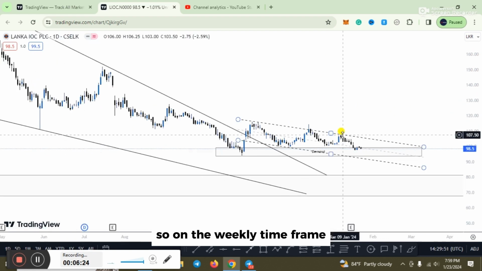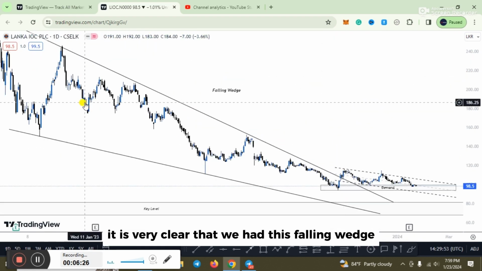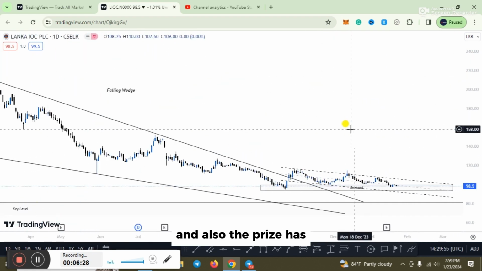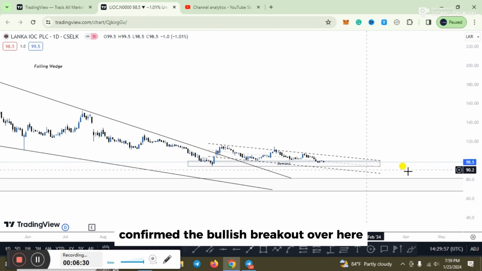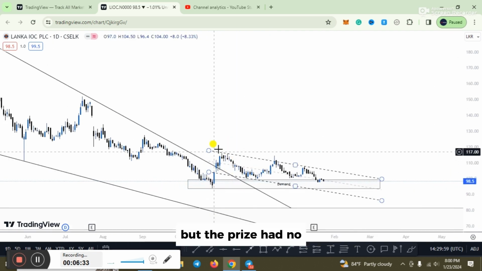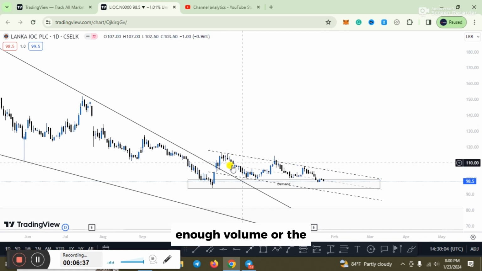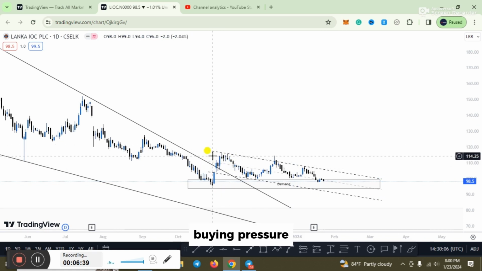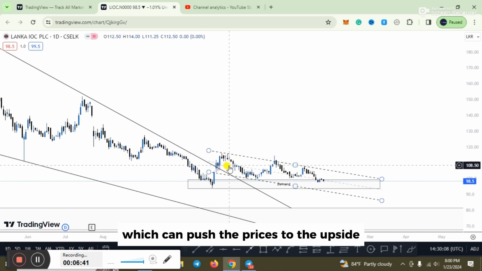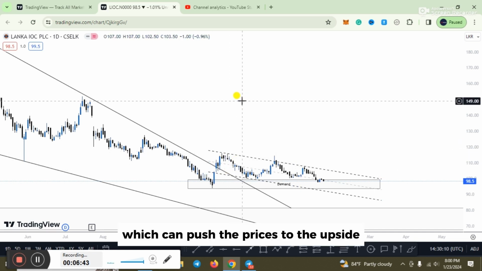On the weekly time frame, it is very clear that we had this falling wedge, and the price confirmed the bullish breakout over here, but the price did not have enough volume or buying pressure accumulated to push the prices to the upside.